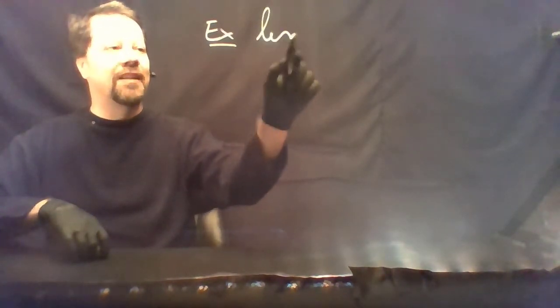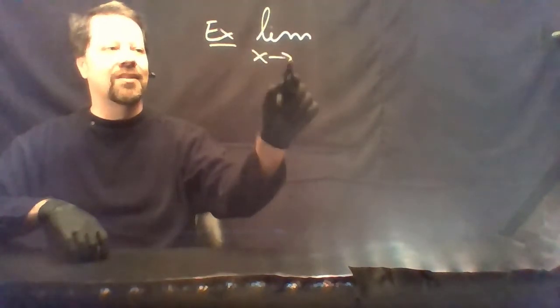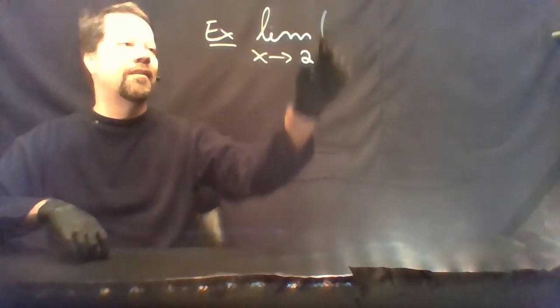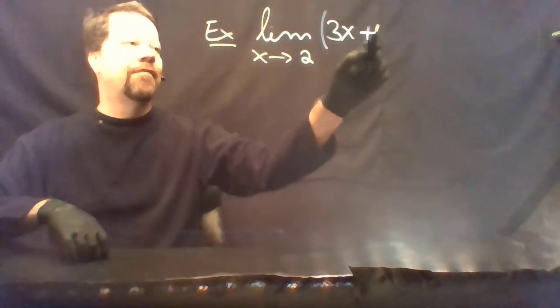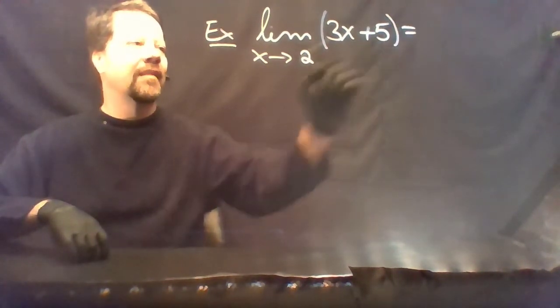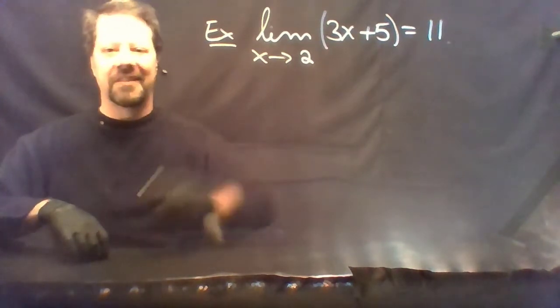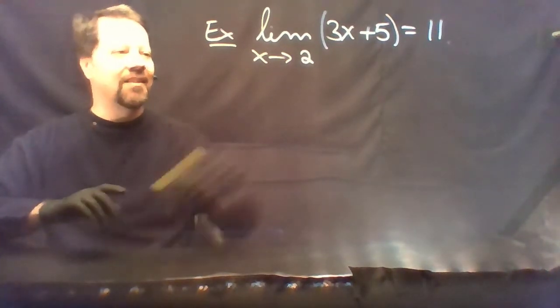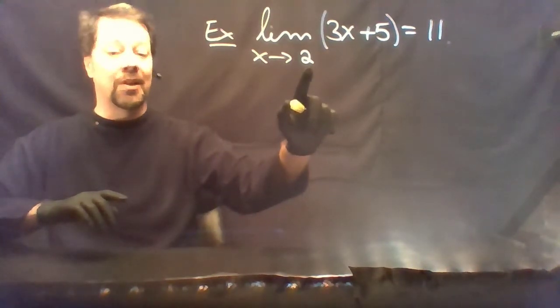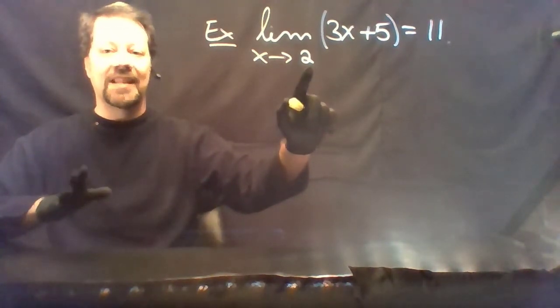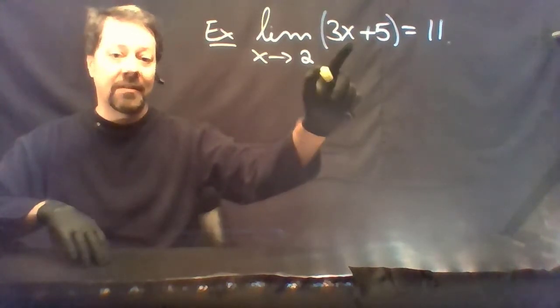Let's prove the limit as x goes to 2 of 3x plus 5 equals 11. You can see that this is a polynomial, and so polynomials have limits that can be evaluated by simple function evaluation.